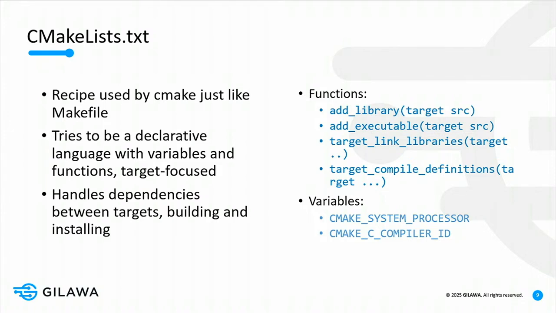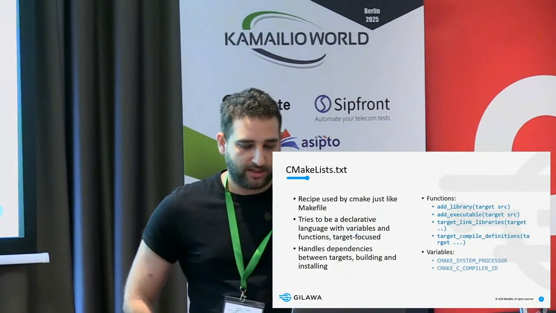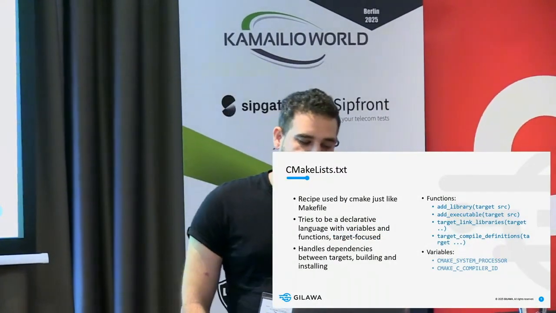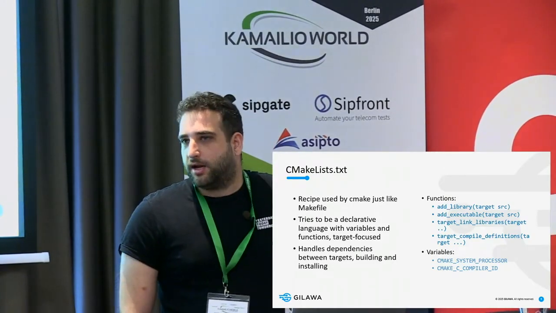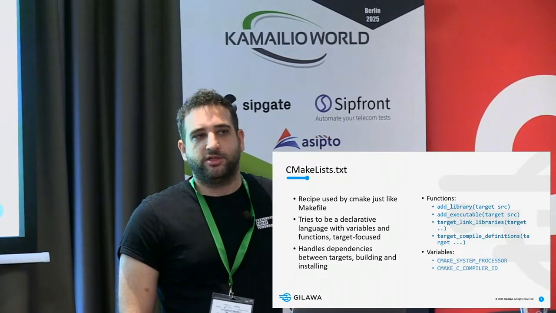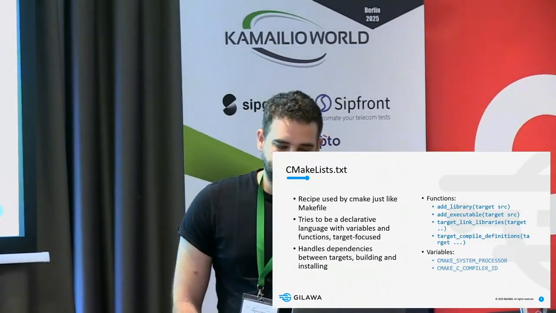It can also track the dependencies between our internal targets. We can define dependencies as well. And it can handle, of course, the building and the installation of our project.